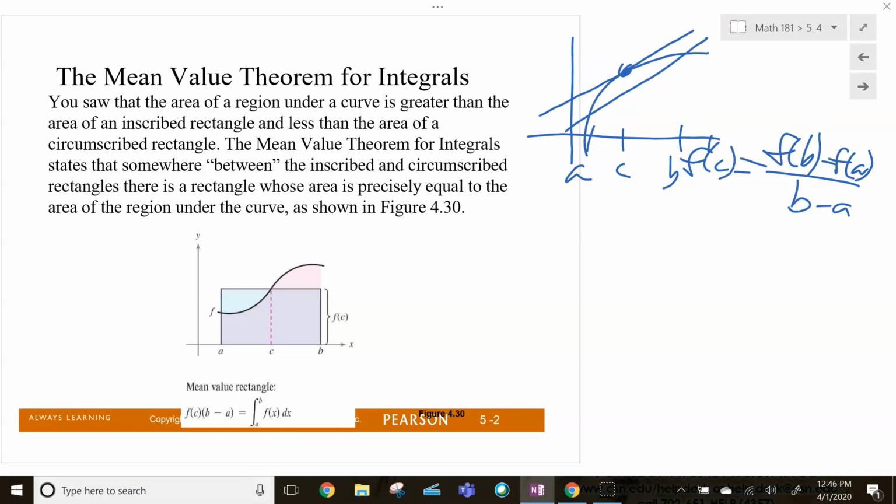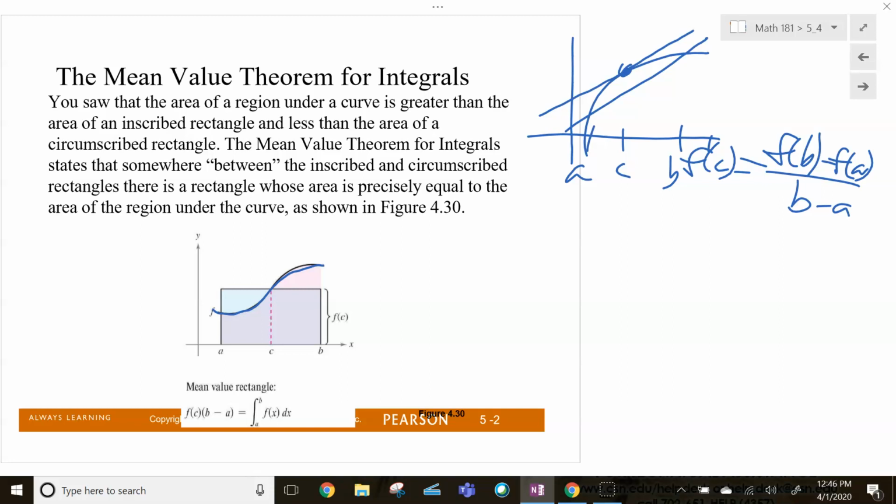Now, the mean value theorem revisits that concept we talked about with the average value of a function. If we have this function encompassing all these different y values, you can even think about it as a block of ice.